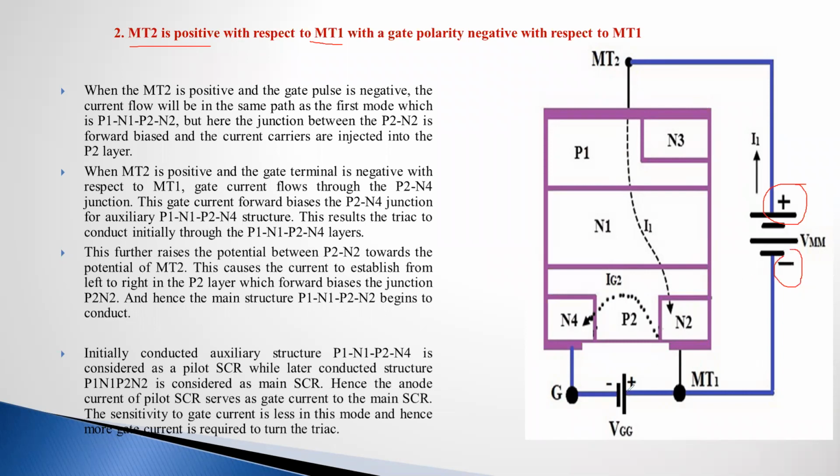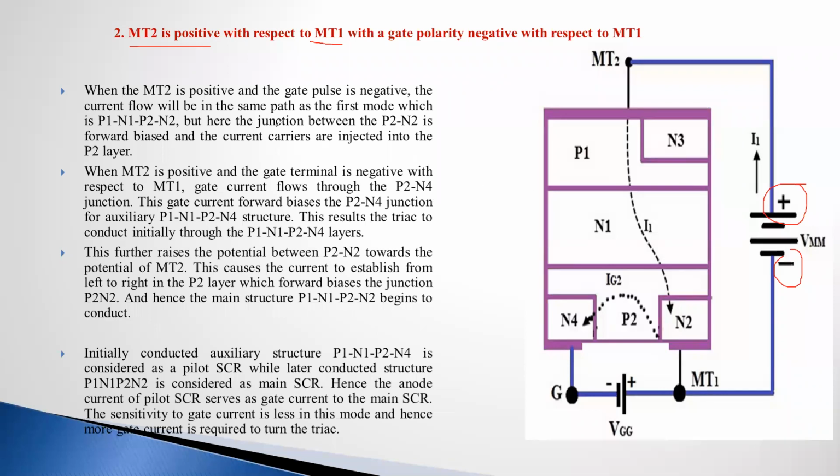The only difference is the gate is negative with respect to MT1, meaning the gate potential is lower than MT1. But here the potential of MT1 is lower than MT2. Please observe this point.